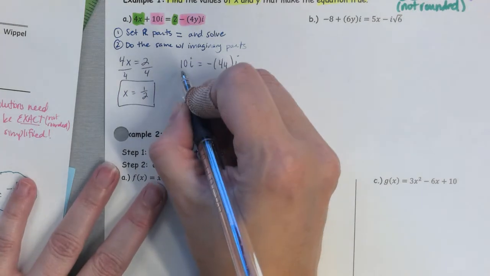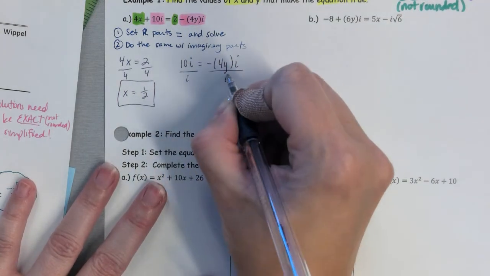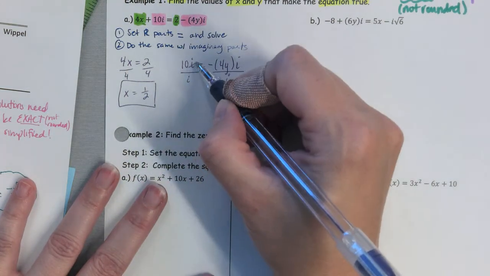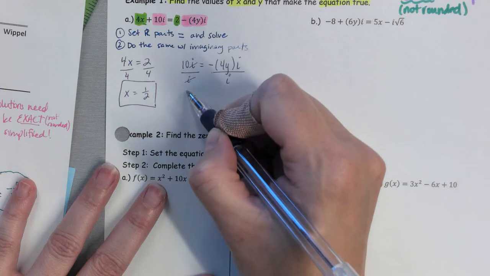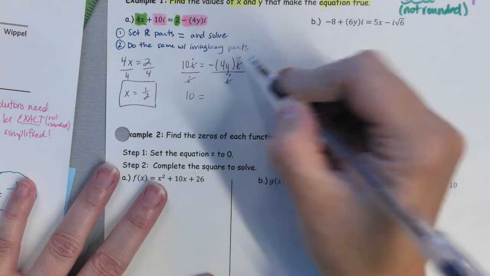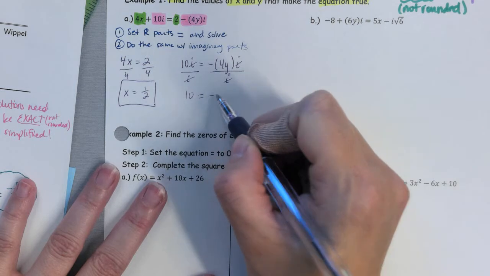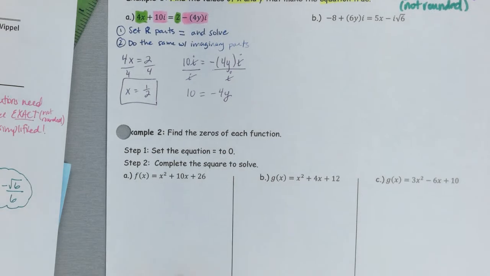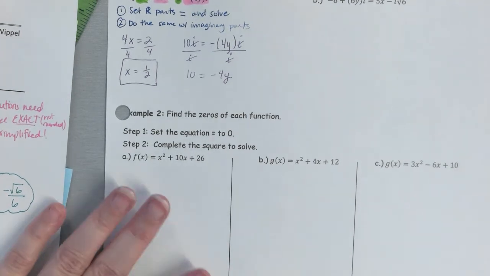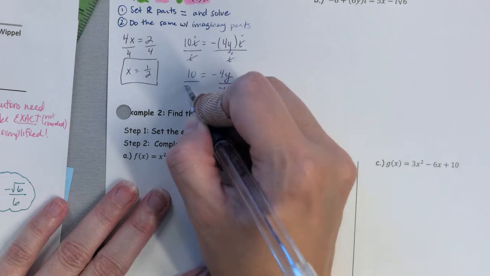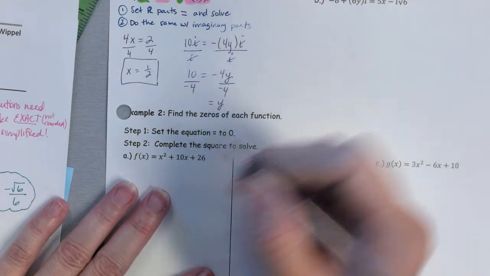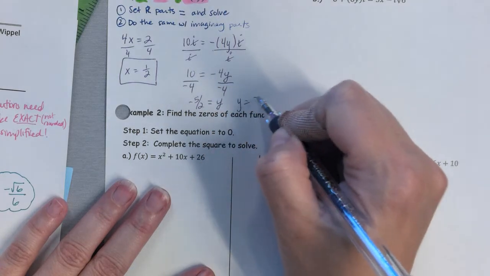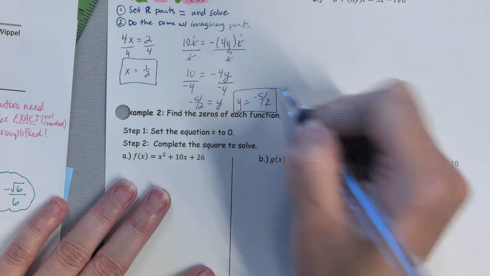And your first step is going to be to divide by I, because you're trying to get y by itself. When you divide by I, that just divides to 1, so this is 10. On this side, I have negative 1 times 4y, which is negative 4y. And then to get y by itself, I would divide each side by negative 4. And then I'm going to simplify. So 2 goes into both, so I'm just going to reduce. So my y value is negative 5 over 2. I'm going to leave it just like that.